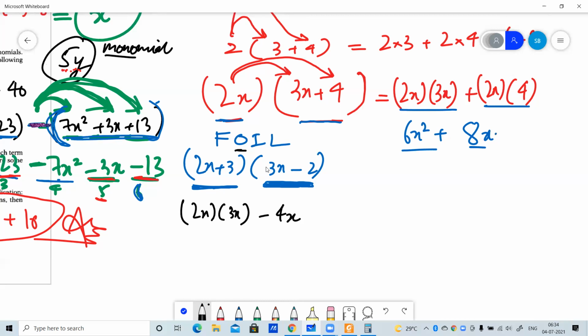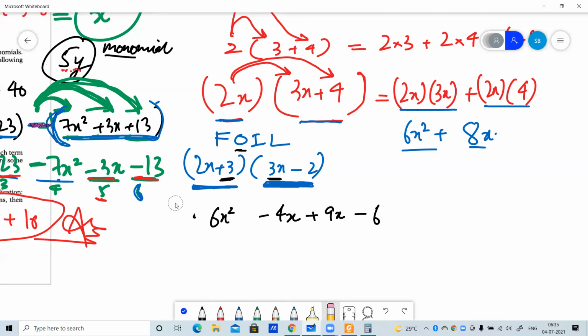And then inside, 3 times 3. So that's 9x. And last, 3 times negative 2, that's negative 6. Right. So 2x times 3x will be 6x squared. So write it as 6x squared.